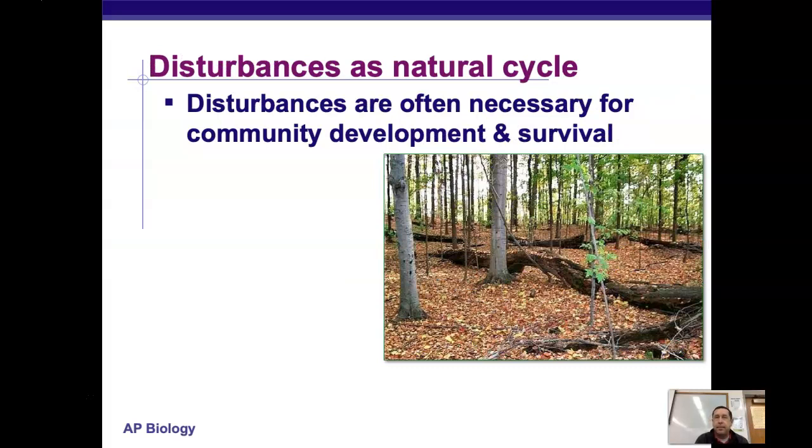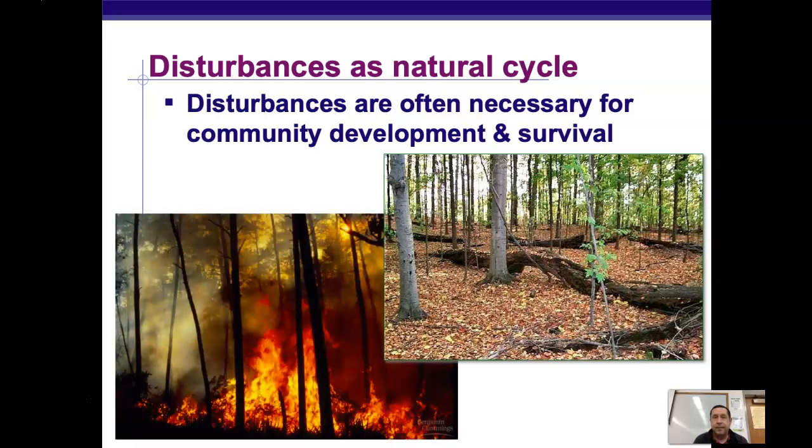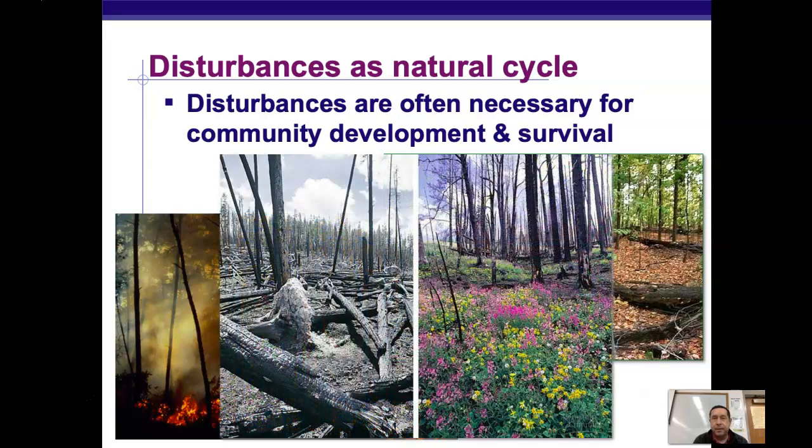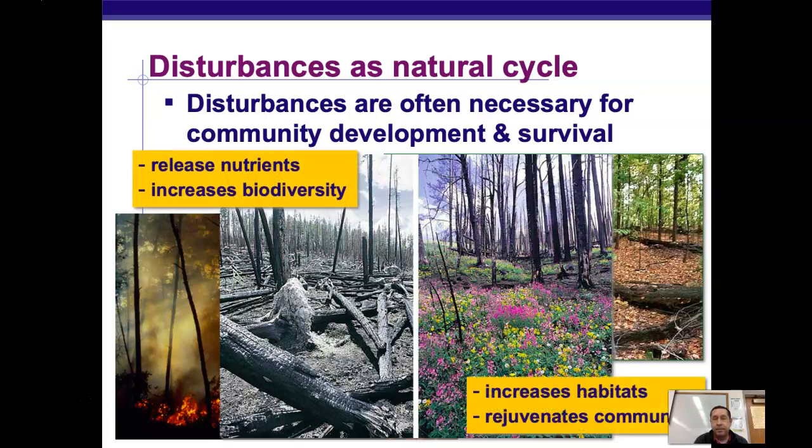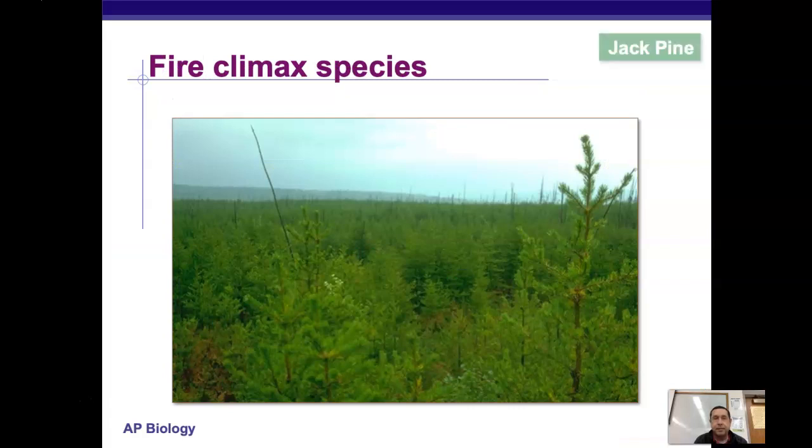So sometimes disturbances are part of the natural cycle for an area. In fact, sometimes they're needed for survival. Some trees, for instance, and some forests rely on periodic fires that don't completely destroy the trees, but oftentimes will burn off the underbrush to allow biodiversity to return. Kind of rejuvenates the habitat. Fire climax forests are an example of this.